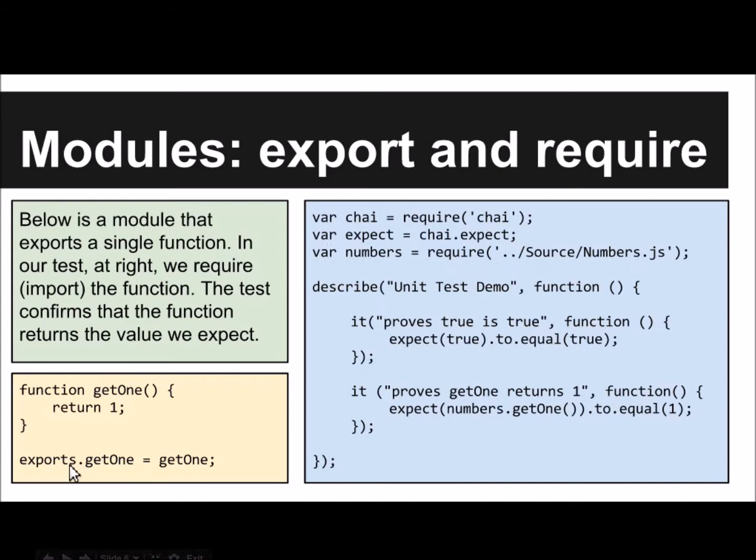So we export things from a module with exports, we import them with require. So here we are importing the numbers file with require. And then now we can run our tests, and down here we can write numbers.get1 in order to call the get1 function, and our test expects get1 to equal 1. So that's our basic pattern for how you go ahead and do things.